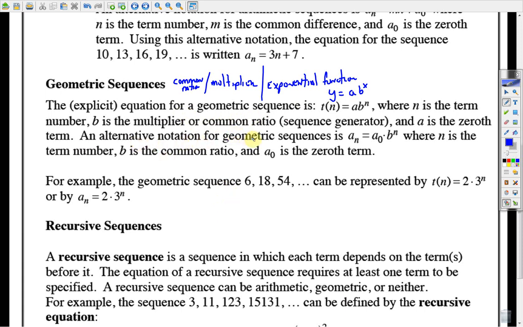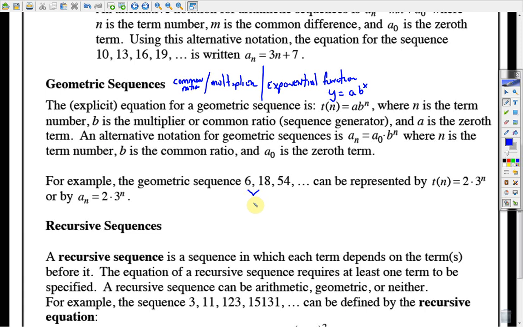An alternate notation for geometric sequence, just like above for the arithmetic sequence, is a sub n equals a sub 0 times b to the n, where n is the term number and b is the common ratio, and a sub 0 is the 0th term. So let's look at an example here. This geometric sequence, we have 6, 18, 54.